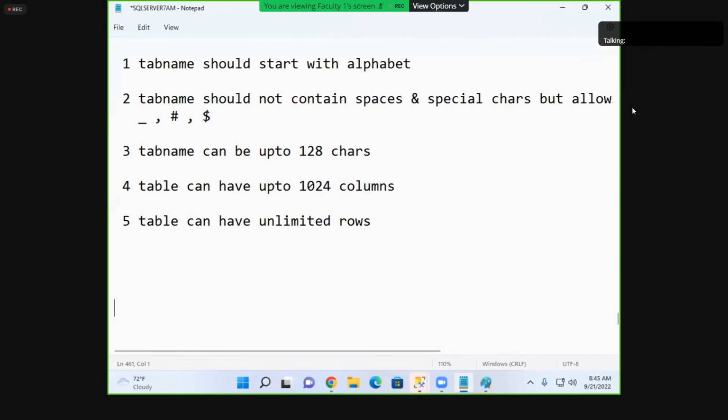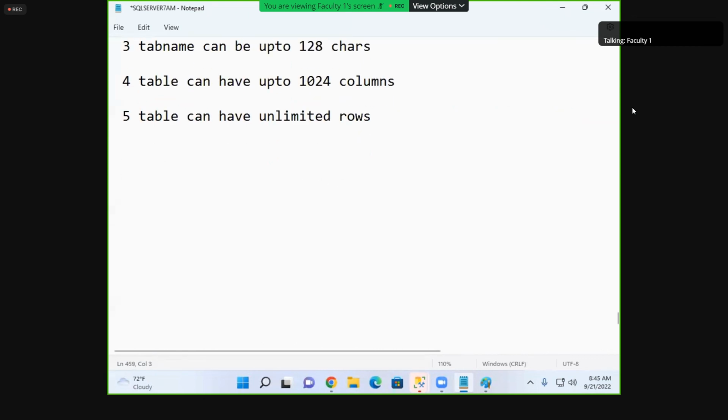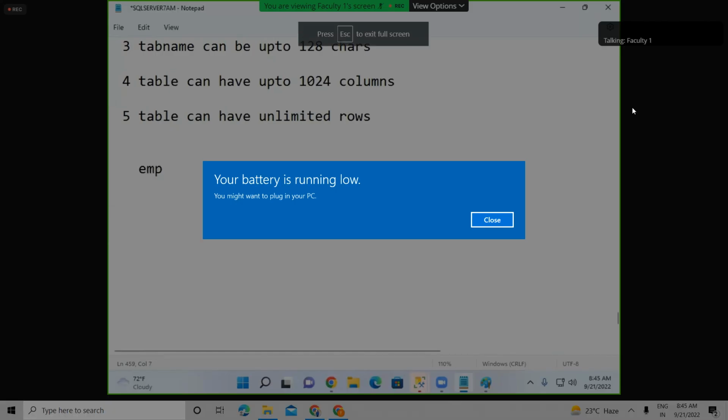For example, suppose the table name is 123 EMP. Valid or invalid?